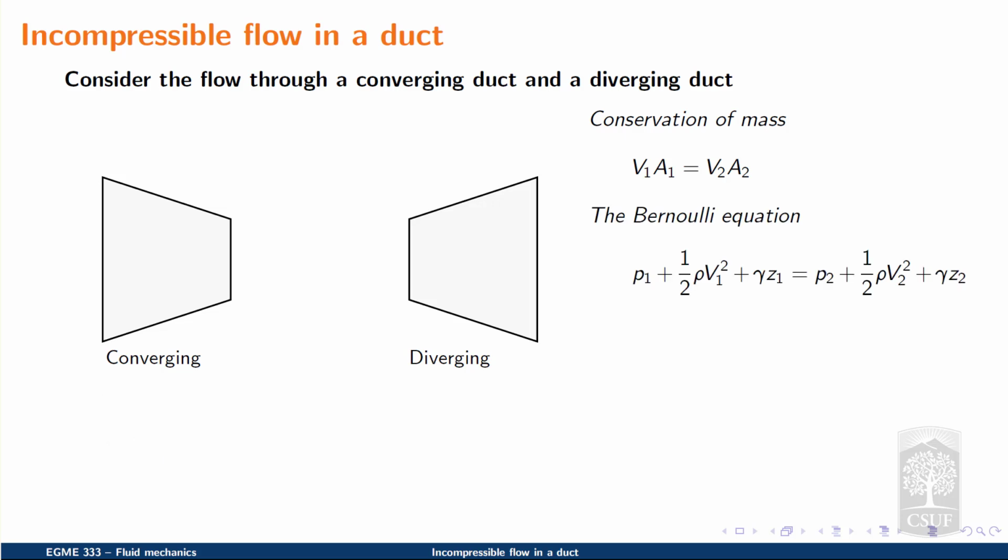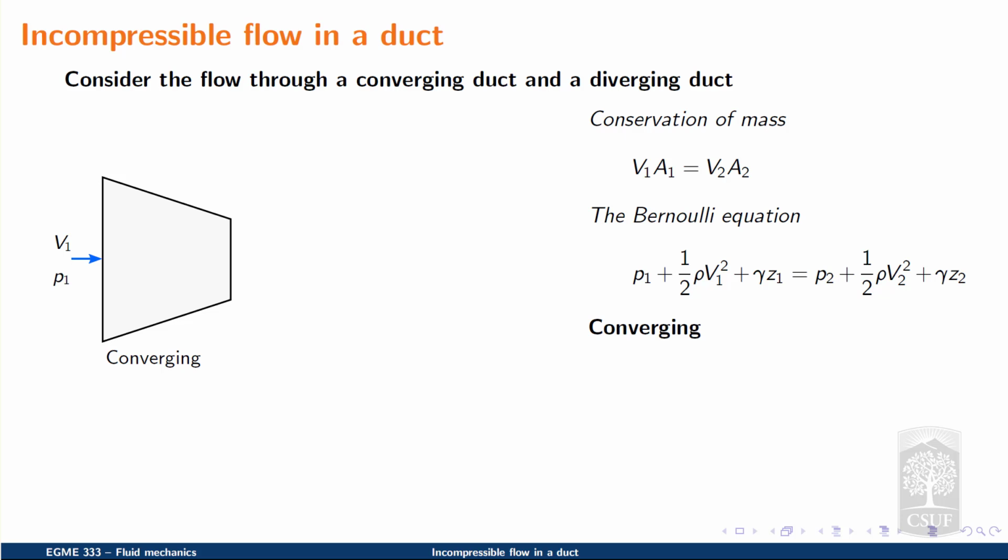Also, we want to consider what's happening with the pressure of the flow. So we'll pull in the Bernoulli equation, which will apply at both the inlet point 1 and the outlet point 2. But first, we'll focus in on the converging duct, where at the inlet we'll have velocity v sub 1 and we'll have the local static pressure p sub 1.